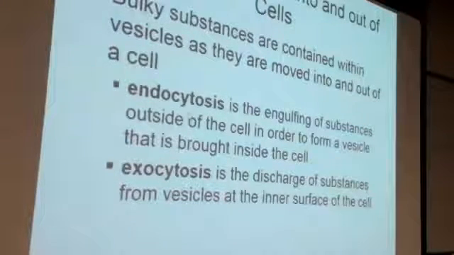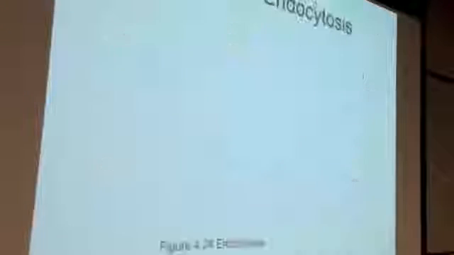Endocytosis means coming in. Endocytosis, that's bringing stuff into the cell. Exocytosis then is out of the cell. I'm going to give you 3 types of endocytosis, but only 1 type of exocytosis.